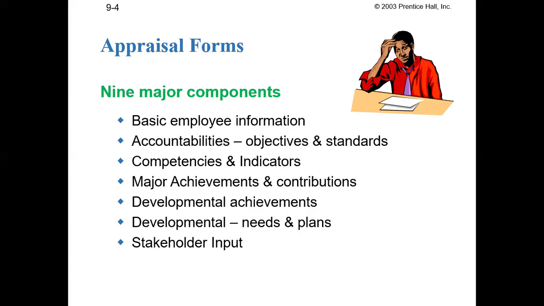If it is results, the competencies under those results will be clearly stated, and if it's behavior, they are looking at the same, and that is what would be assessed. Then major achievements and contributions. Also, we have developmental achievements. Okay, developmental needs and plans, and then stakeholder inputs.